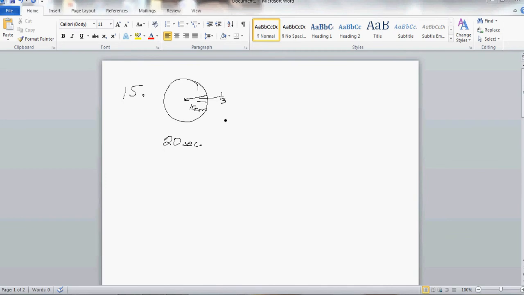Well, now the linear speed is determined by v equals s over t, where s represents the arc length. Now we can achieve that arc length pretty easy. S would equal r theta.